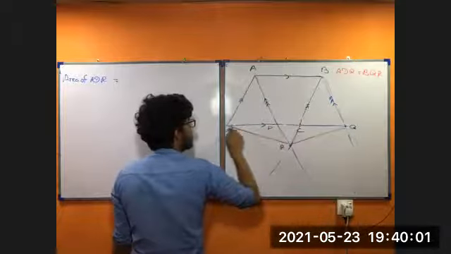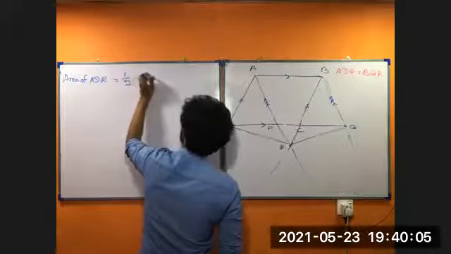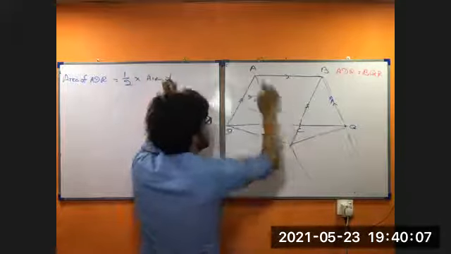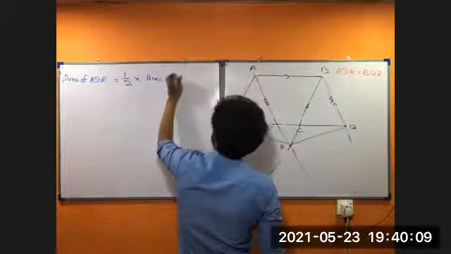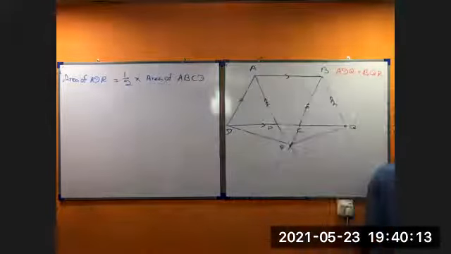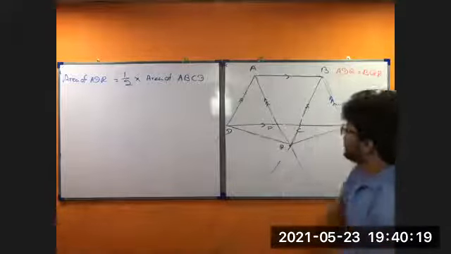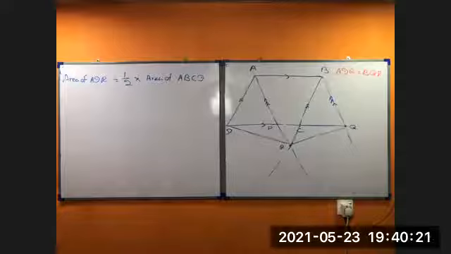So I can say it is equal to half the area of ABCD parallelogram. Okay, it's clear, right? And then what else? I will leave it like that.